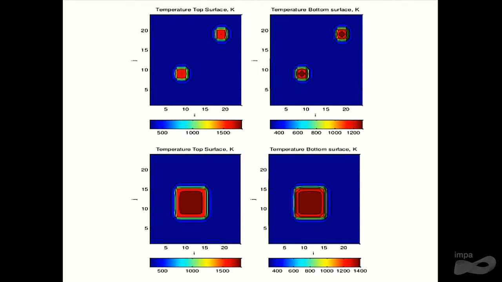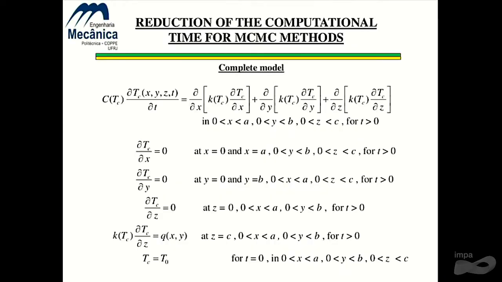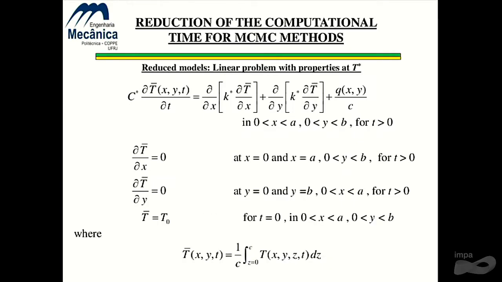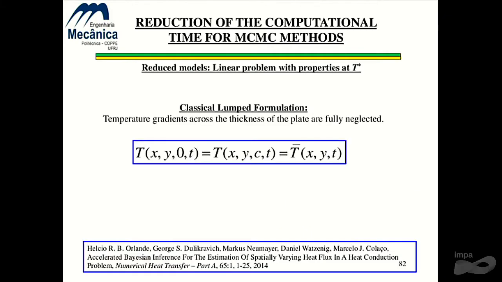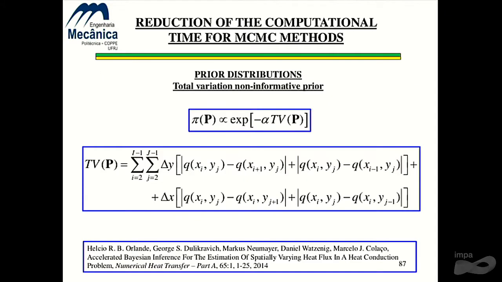And we would still like to get an estimate that maintains the gradients, that does not completely smooth out the solution, like in the Gaussian Markov random field. So that's why I'm using a total variation prior.